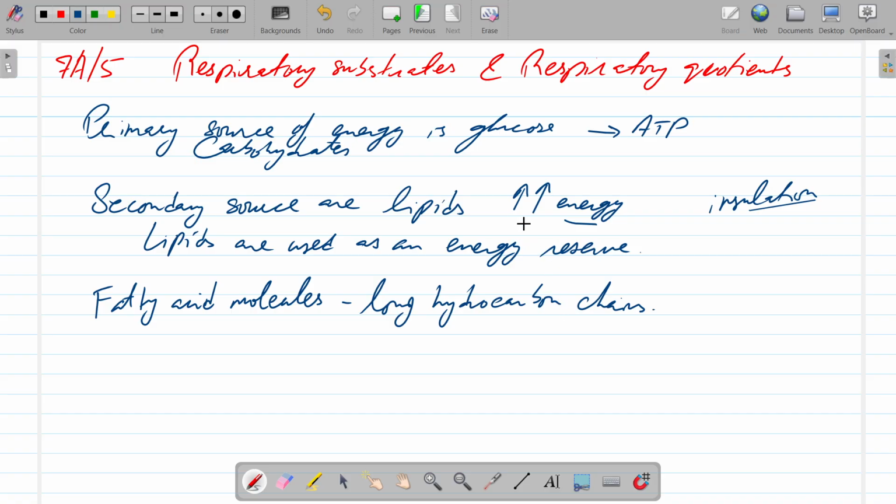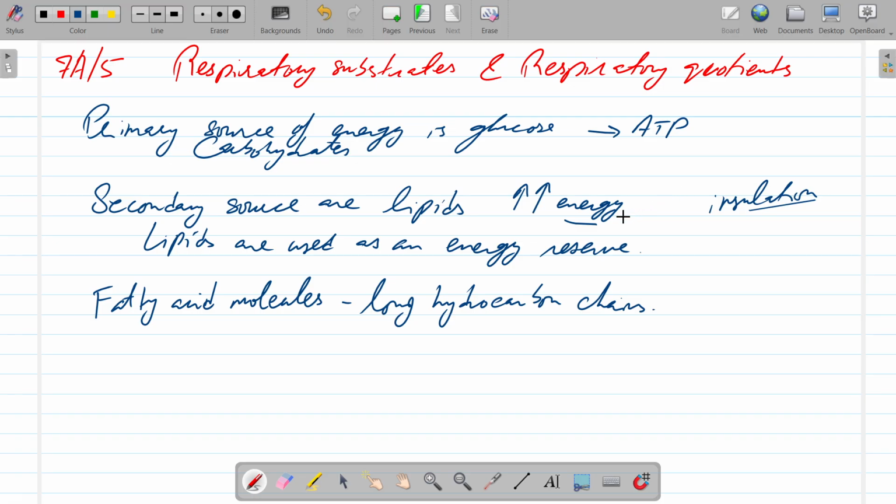And as we saw in the process of glycolysis, glucose is broken down into two three-carbon molecules, and then it's put through the link reaction and the Krebs cycle and so on. And the carbon is removed, and that releases hydrogen. And that is basically where all the energy is coming from, the hydrogen that's been released.